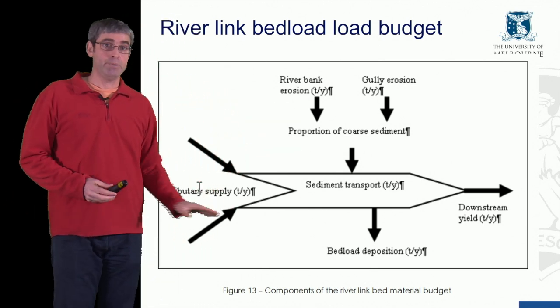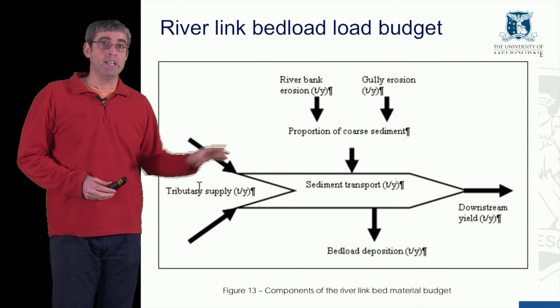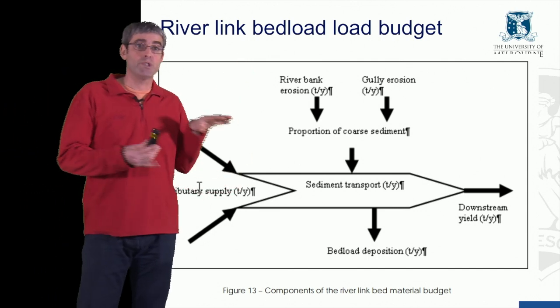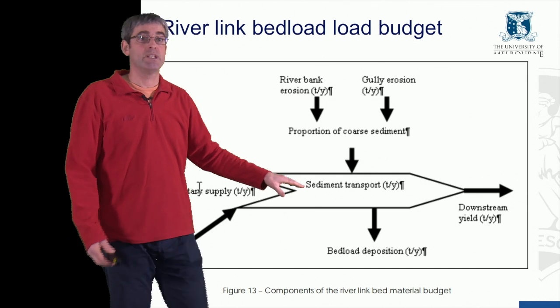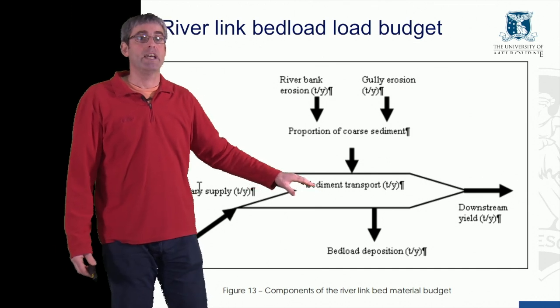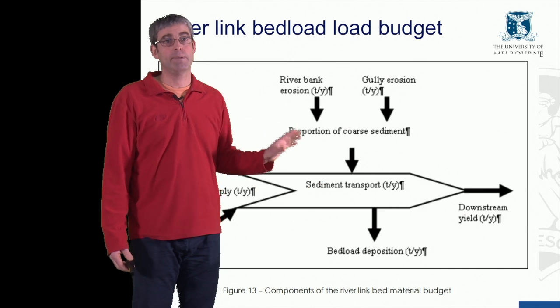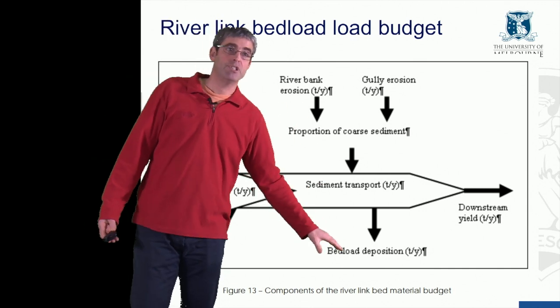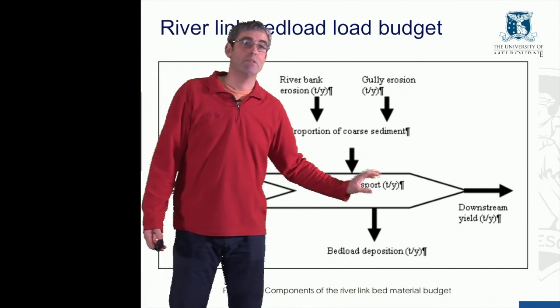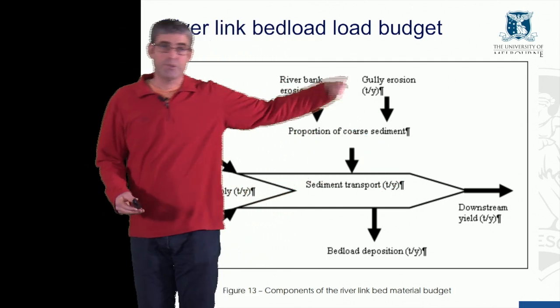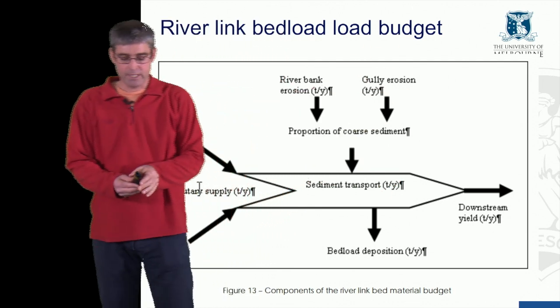It models inputs of sediment from upstream, and this is for the bed load. And then once you've got those inputs, it models the sediment transport capacity, and if the sediment transport capacity is less than the amount of sediment being supplied, you get bed load deposition, and then it represents the remainder that gets transported on downstream, and so on for a whole series of links all the way through to the catchment outlet.